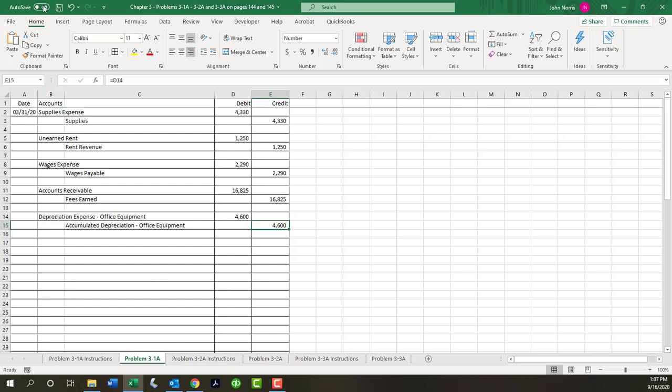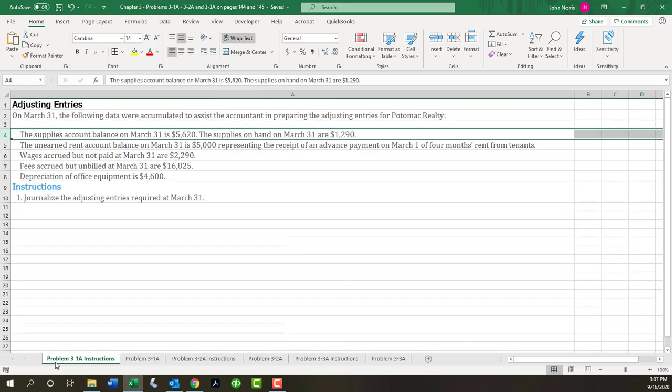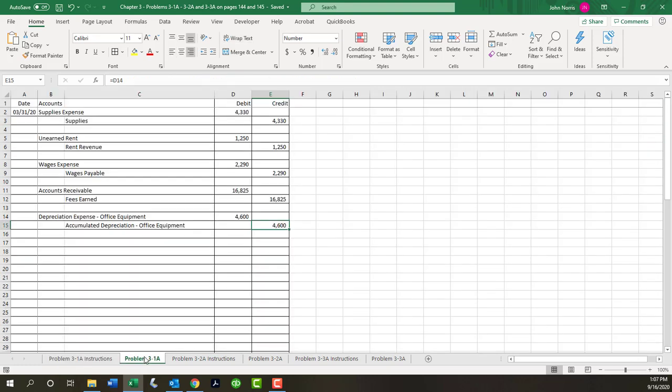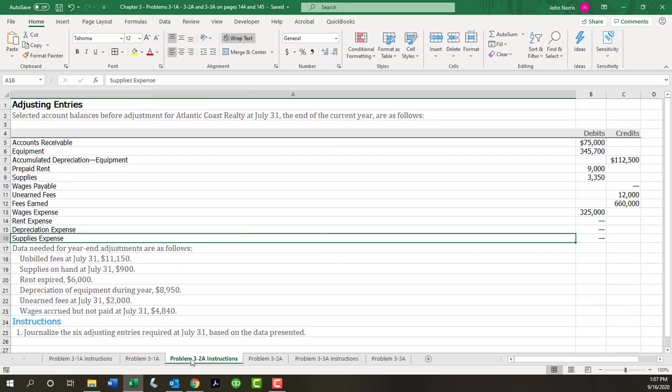And in all cases, post this file under the new recordings folder in chapter 3. And the instructions are on the first tab, and then the solution is here on the second tab. So the problem for the second, problem 3-2A, is here.